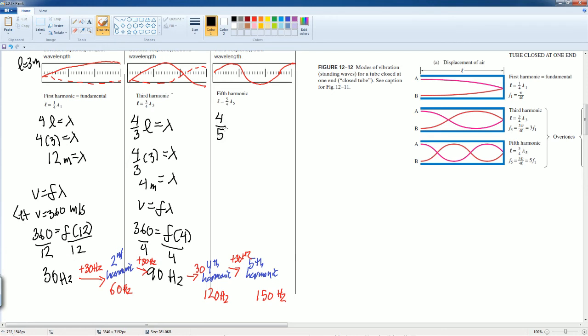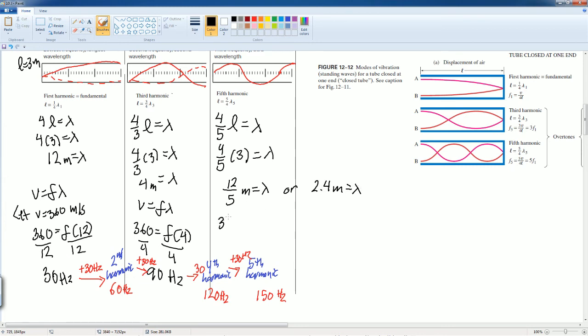So 4/5 length equals lambda. So plug it in. This was 3 equals lambda. So 4 divided by 5 times 3 gets you 12/5 meters equals lambda, or you can write it as 2.4 meters for lambda, however you want to do it.